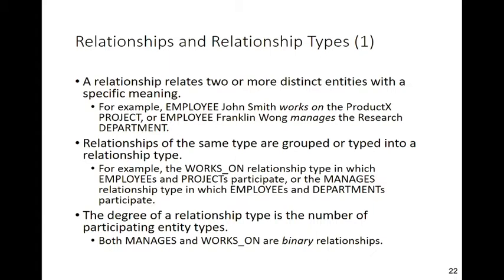So an employee works on a project, an employee manages the department, right? So we are trying to look at what are all the different relationships, and the point they're trying to make here is that we can have more than one type of relationship between the different entities.